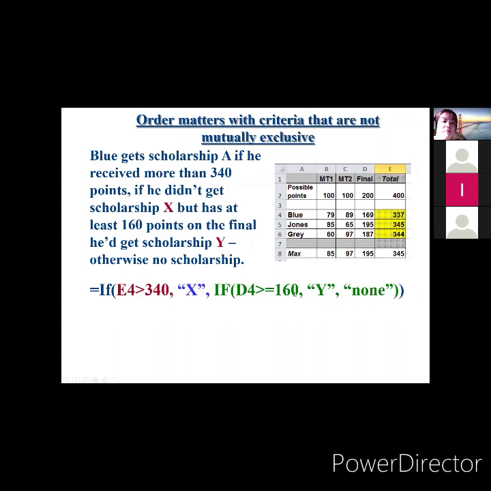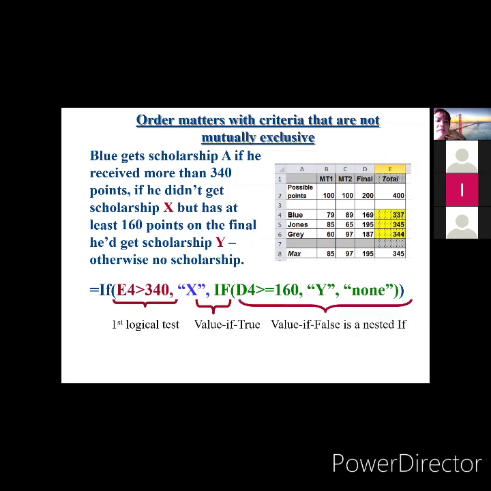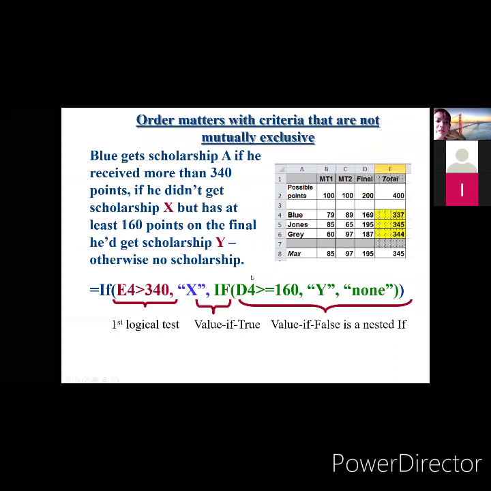Okay, katulad nito. So here, the first logical is this one, and the second value if true, and then the value if it is false. Ayan. So si X yung kanyang second argument, si if ulit yung kanyang third arguments.